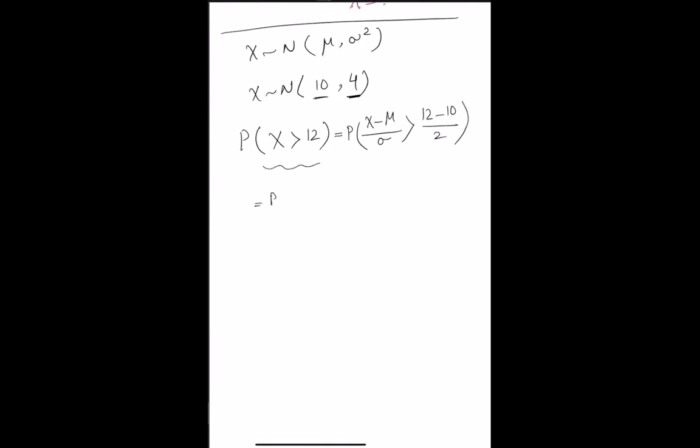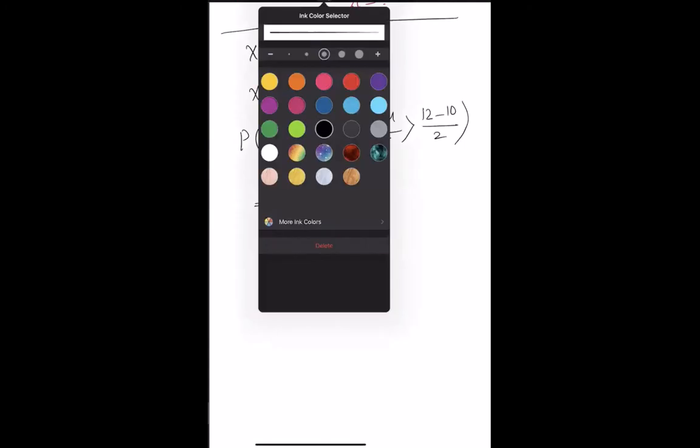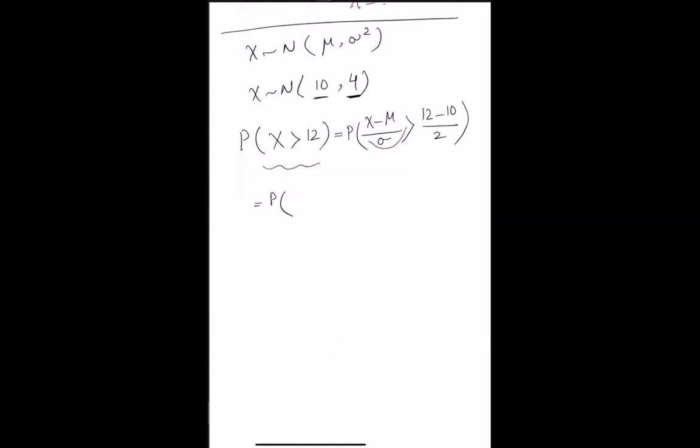That's going to be the probability that Z is greater than 1, since 12 minus 10 divided by 2 is 1. So how are you going to find this value? Do you know how to find this value, guys?